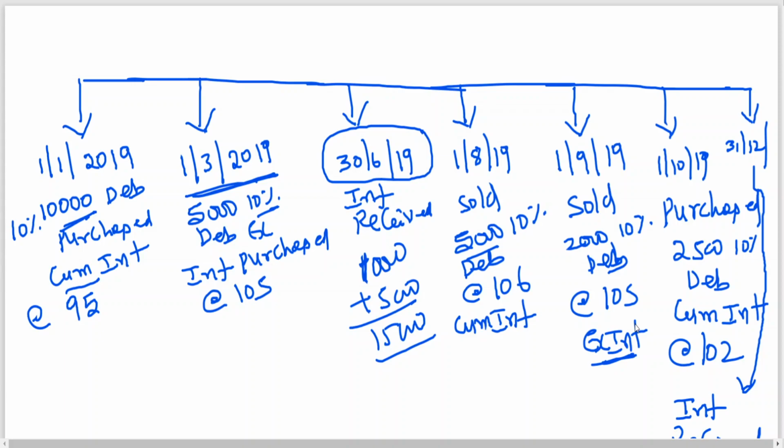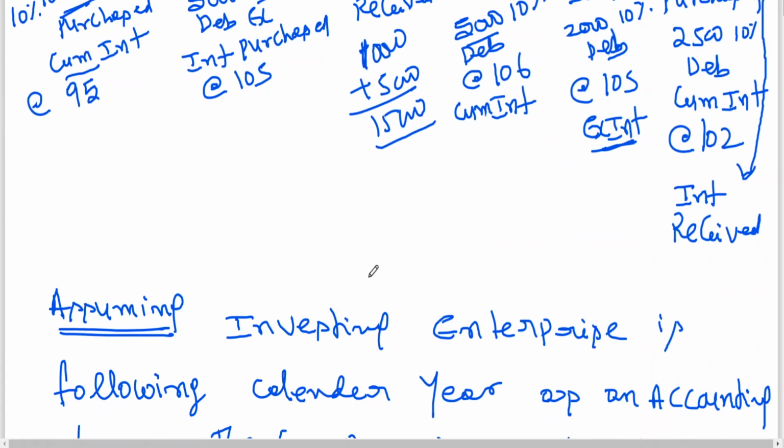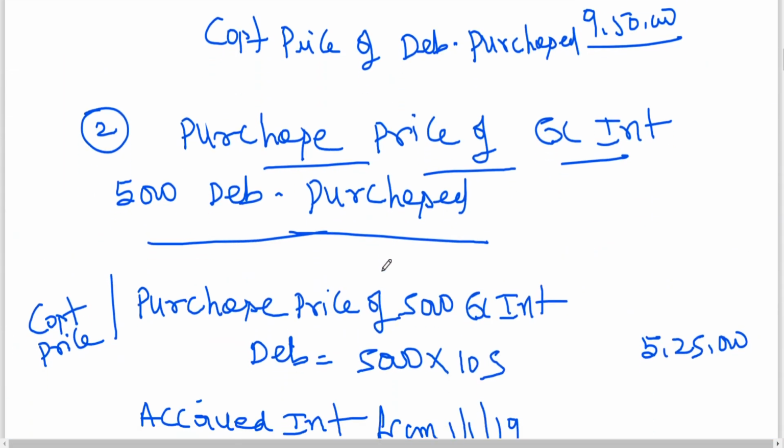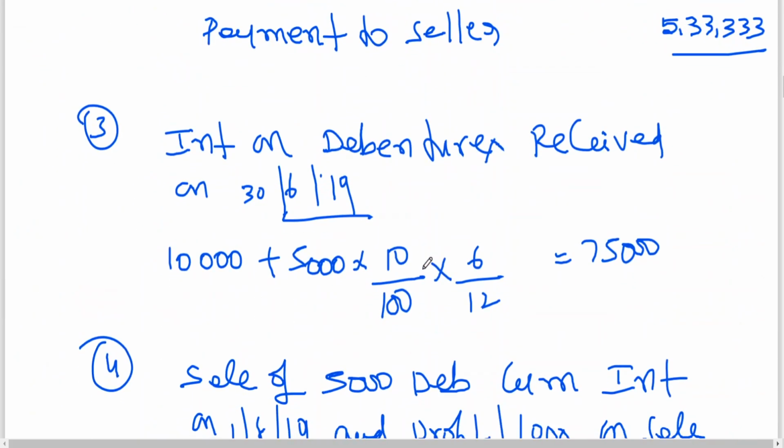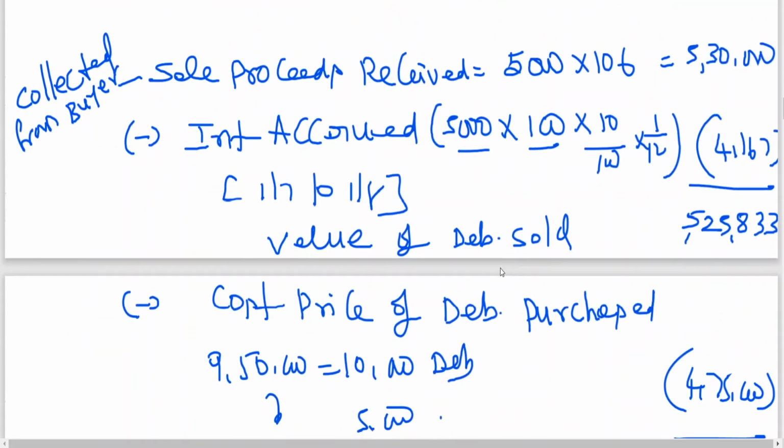Okay, now you can cross check how you got the value. If you had a doubt initially, sir, why this interest accrued has been received: this is what I am supposed to receive from the company. The buyer is not paying anything from his pocket; the buyer is collecting this 4,167 since he is holding it.